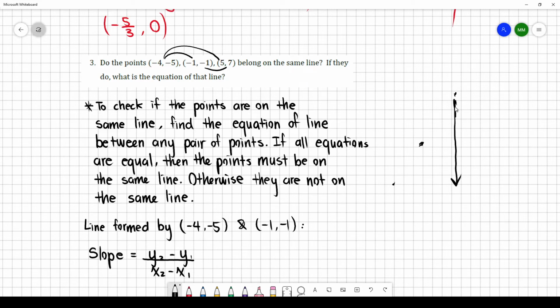So this is the change in y. But let's say you use all these points in the slope calculation. So let's say you did a -5 minus -1 minus 7. If you use 3 points to do a slope calculation, you are essentially adding this value. So this change, you add it to this change.